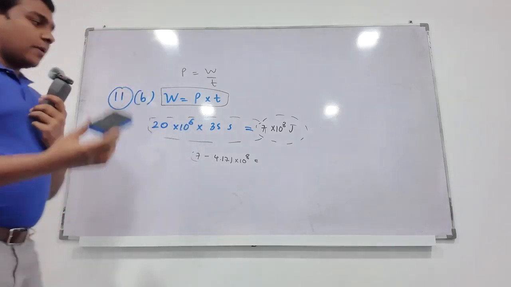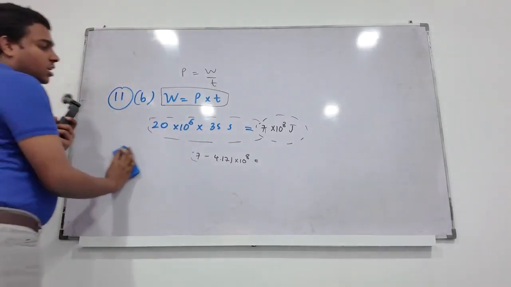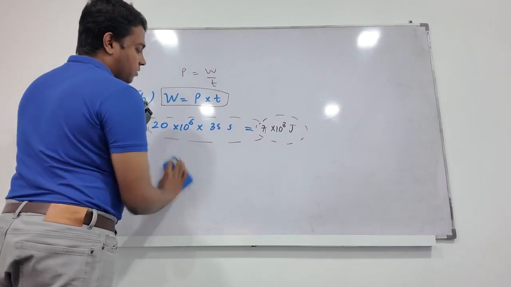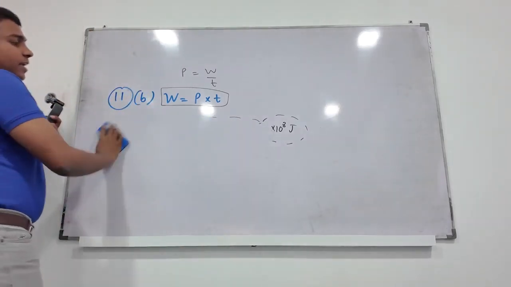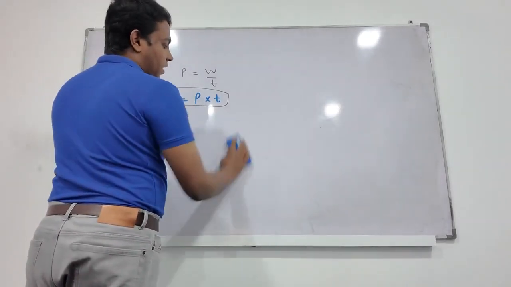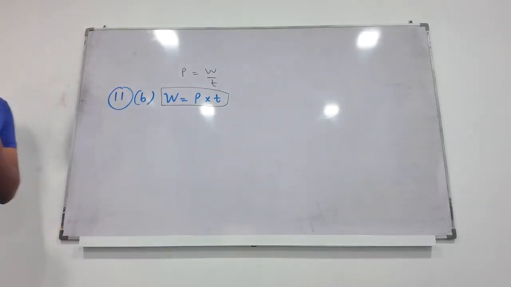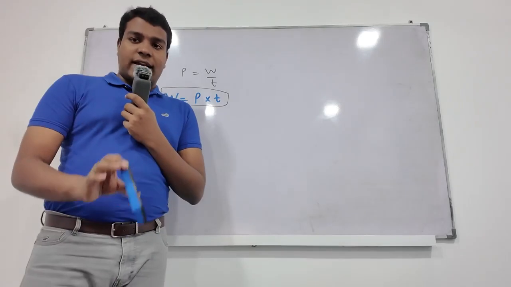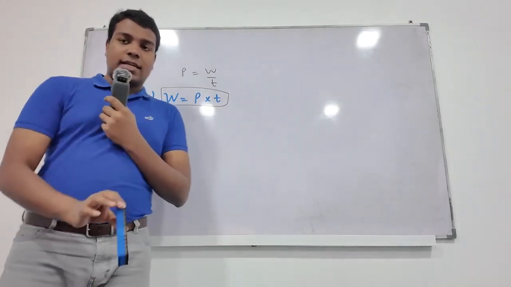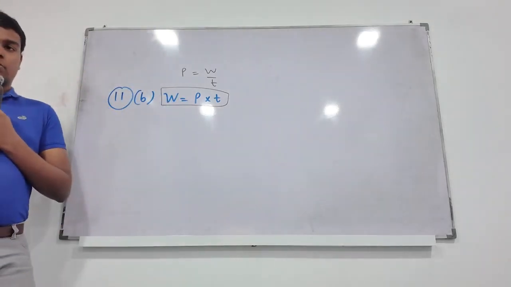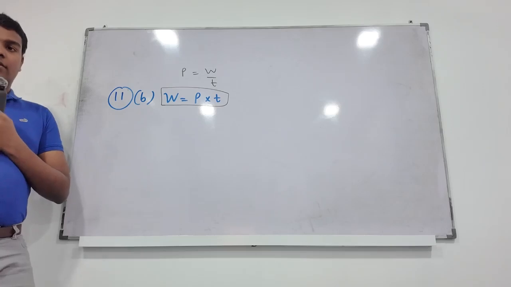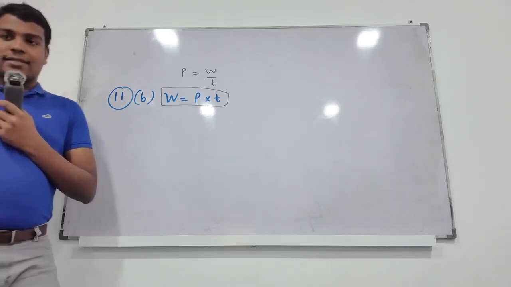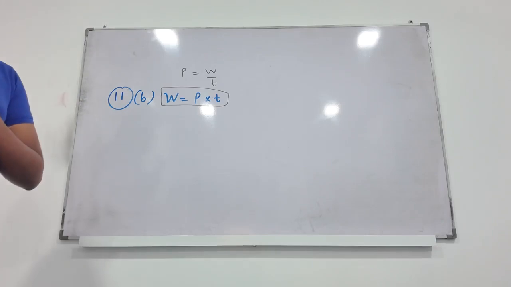If upthrust is supposed to be constant, what should happen to the volume of liquid displaced? Volume of liquid displaced should increase just to keep upthrust constant. Then in lower density liquid, a greater volume of water must be displaced. That's it. That's all you have to say.